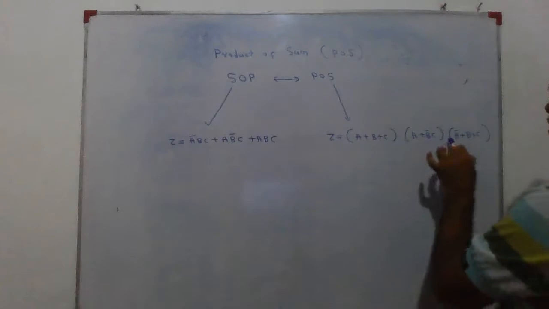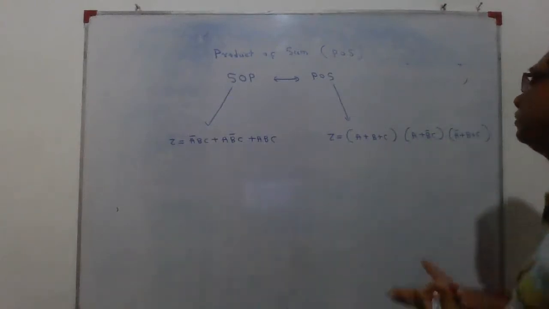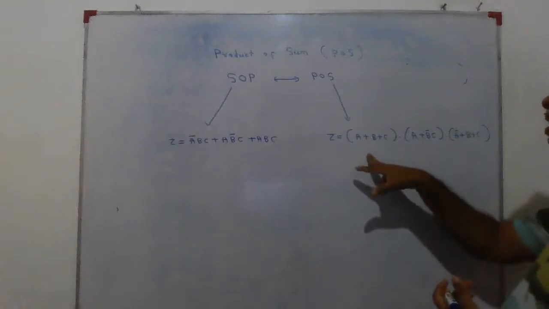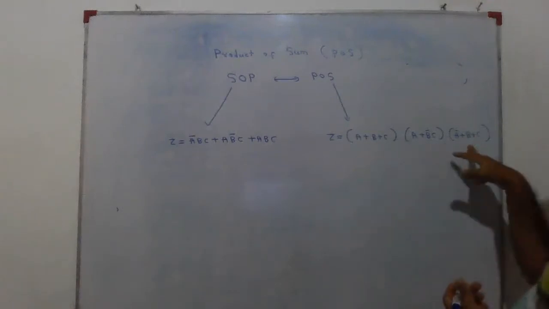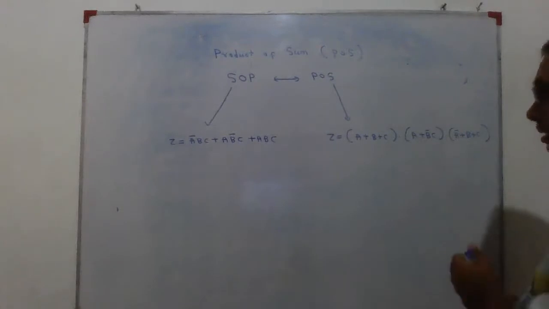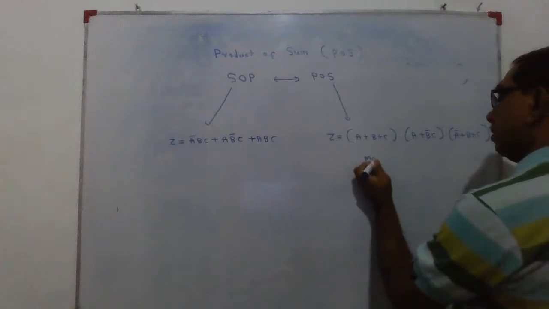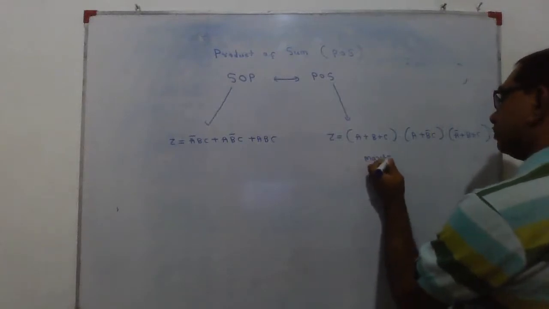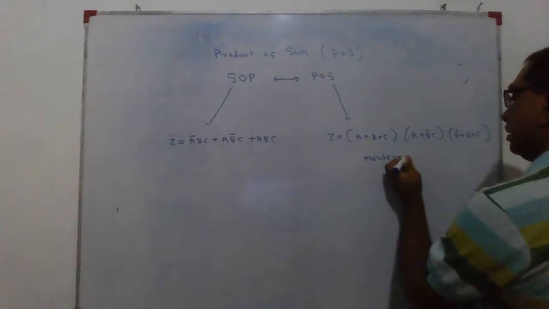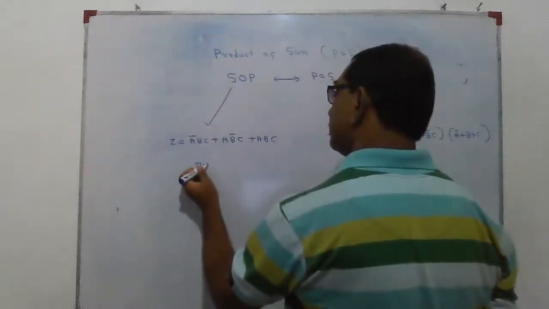So here what is happening, all the sum terms are moved to an AND gate. This method is also called max terms. Here there is a word called min terms.